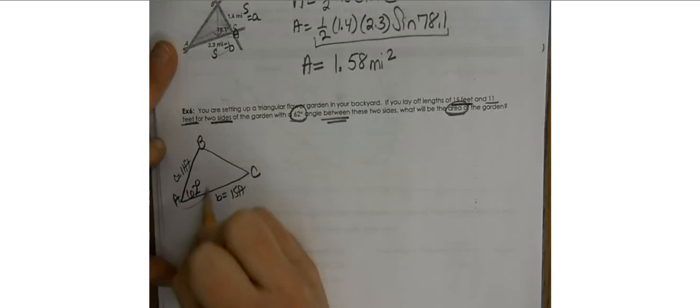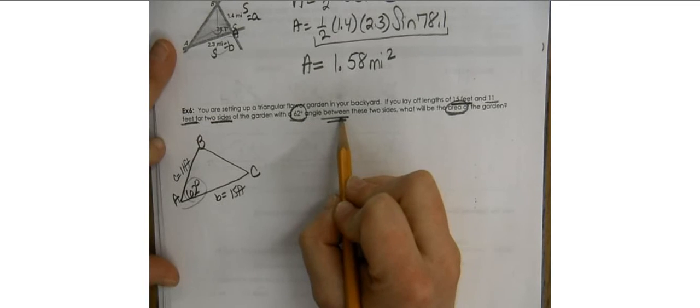We just need to draw a basic triangle. I'll call this A, I'll call this B, I'll call this C. And let's say that angle A is 62 degrees. And we're told that the other side lengths, I'll call this little b is equal to 15 feet, and I'll call little c 11 feet. And 62, like I said, is the angle that's in between these 2 sides.